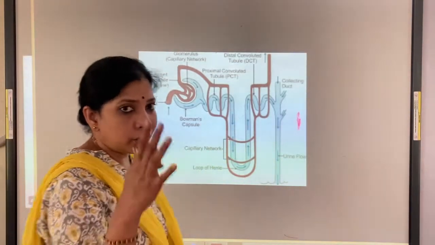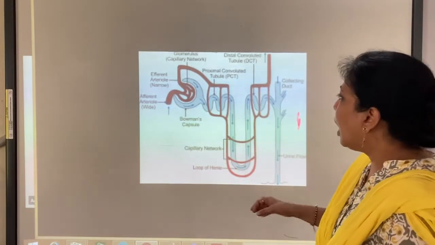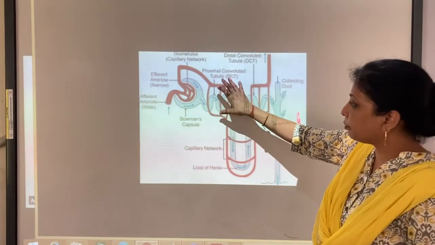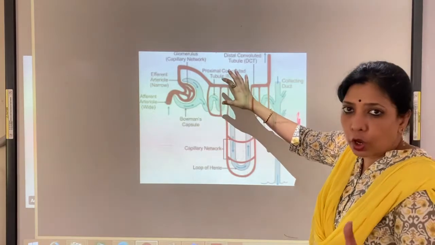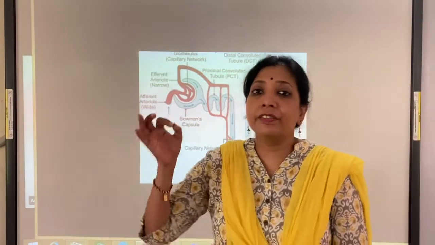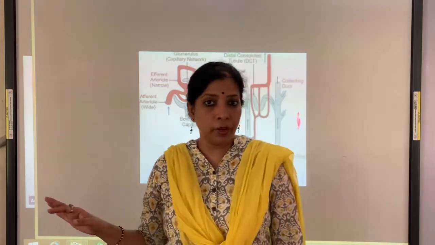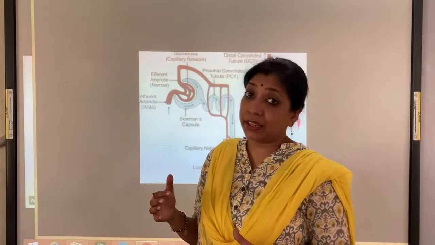Now there are four things. Amino acids and glucose are reabsorbed here. So this is known as selective reabsorption. You can watch this video n number of times to understand it, but I am also repeating it again and again.